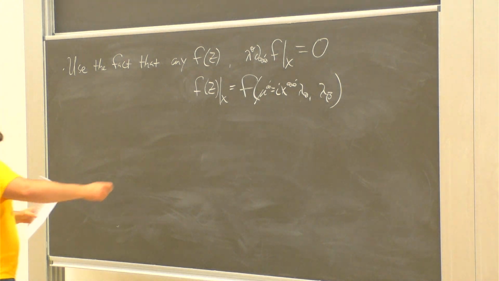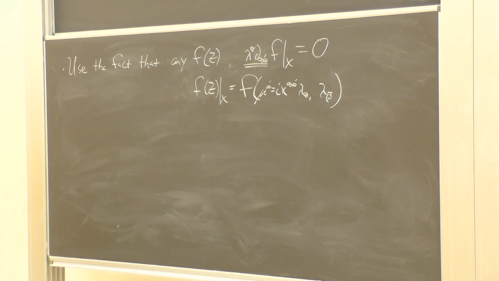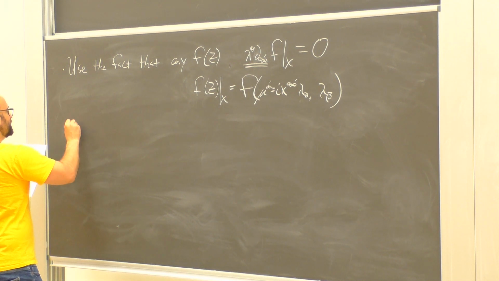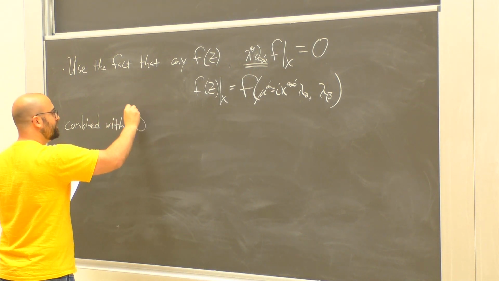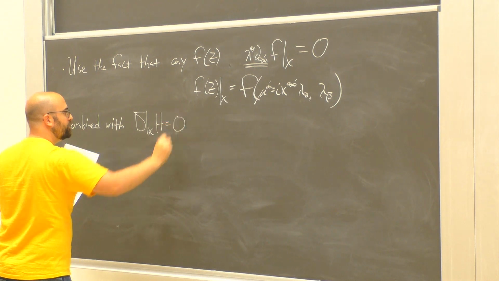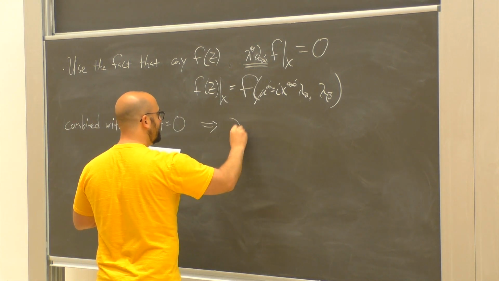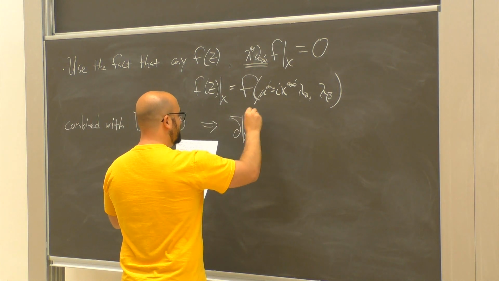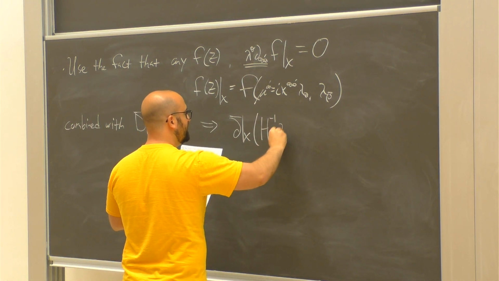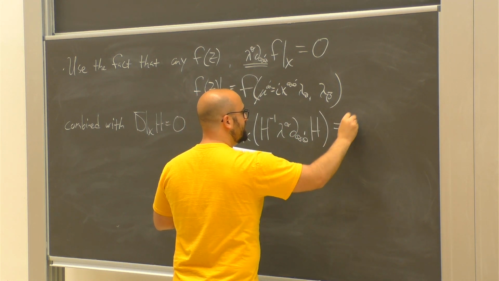So we use the fact that this, if you like, vector field annihilates any object that you pull back to a Twistor line, that you restrict to a Twistor line, combined with this defining feature of our holomorphic frame, you can show that this implies that just the ordinary complex structure restricted to X acting on the combination H inverse lambda alpha d alpha alpha dot H is equal to 0.